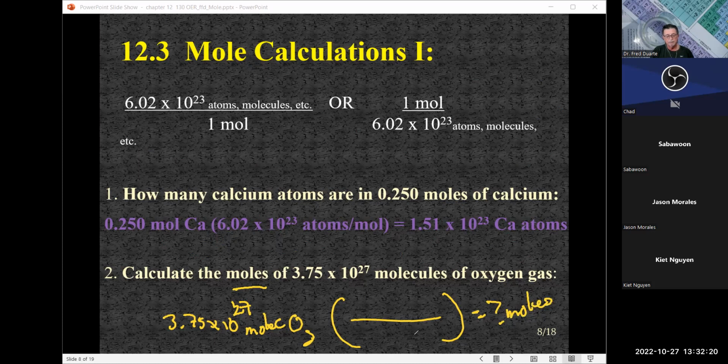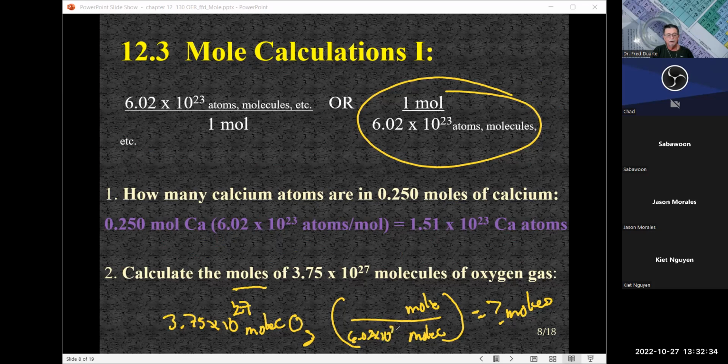So that means we have molecules in the denominator and moles in the numerator. And so we put Avogadro's number in the denominator, and we're 1 mole.